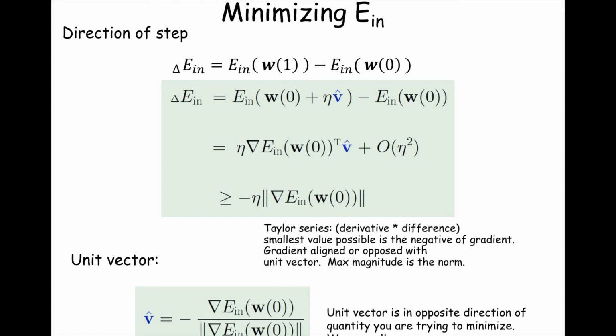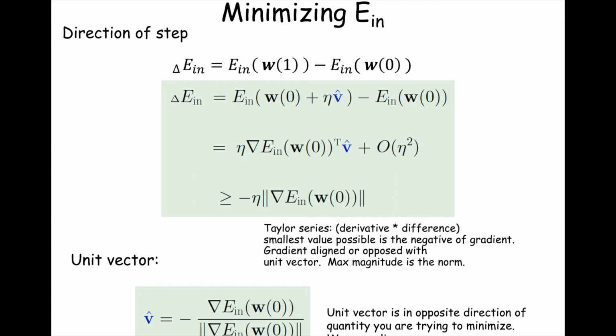Does that make sense? Okay. So that being said, that means it's going to be greater than or equal to negative, because it's in the opposite direction of v hat, eta, which is the step size, times the local slope at W naught, right? Which is the magnitude of the gradient of En evaluated at W naught. Does that make sense? Okay.